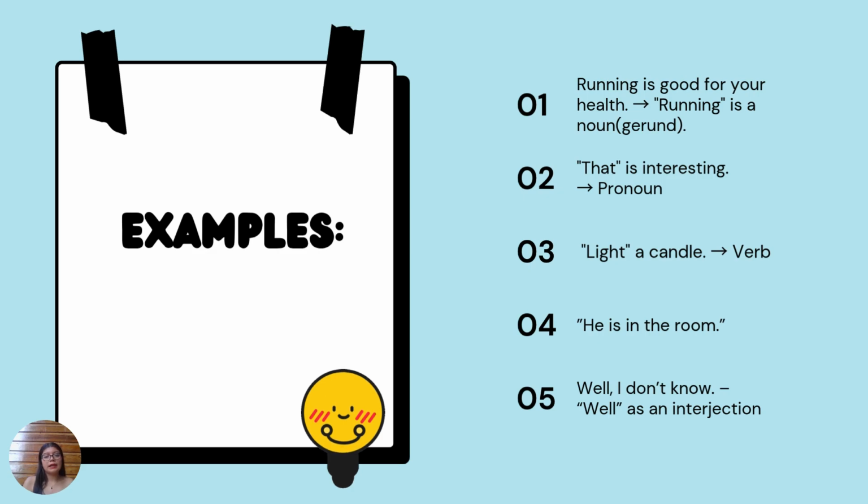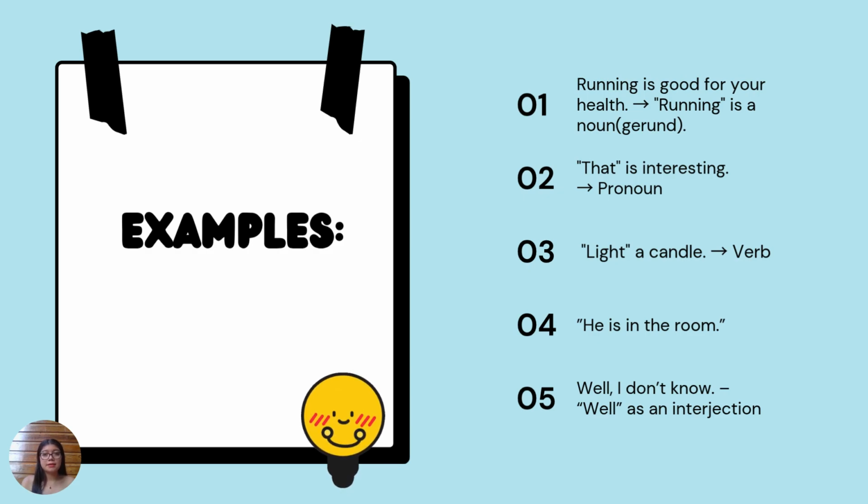The other confusion case is: That is interesting, where that is a pronoun. What is the confusion? That can be a pronoun, a demonstrative adjective, or even a conjunction depending on the sentence.